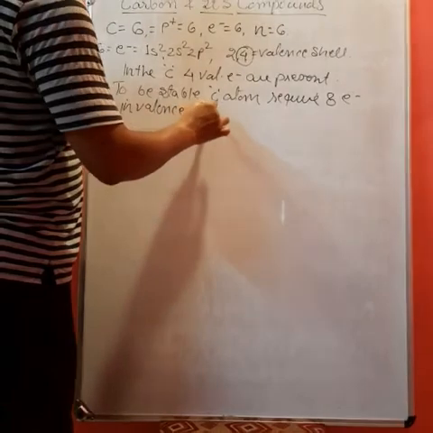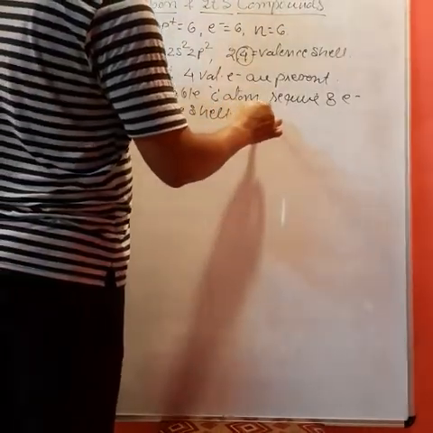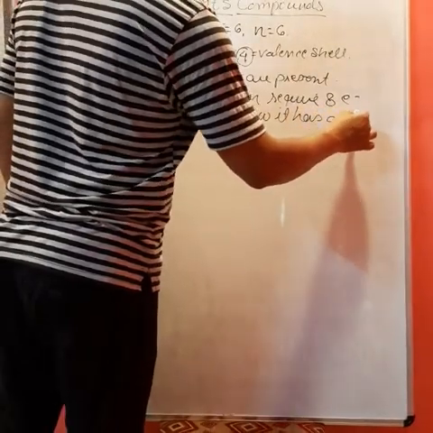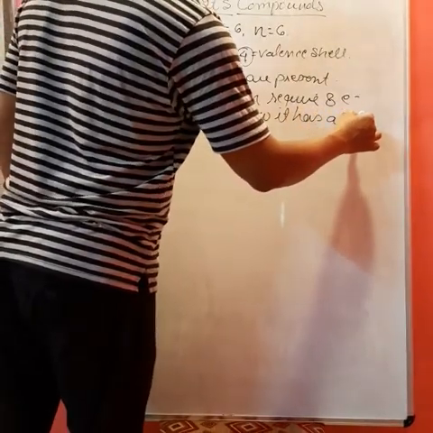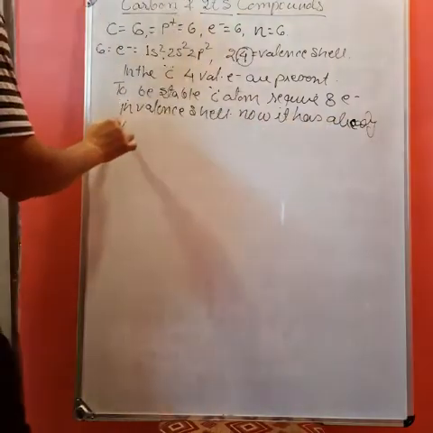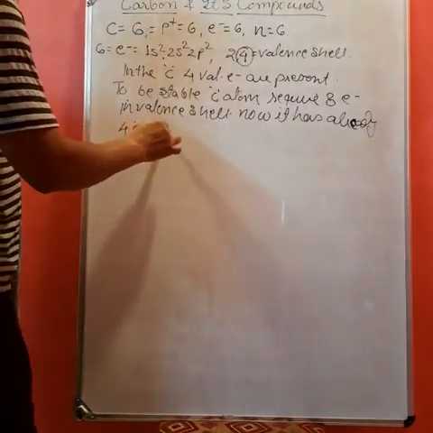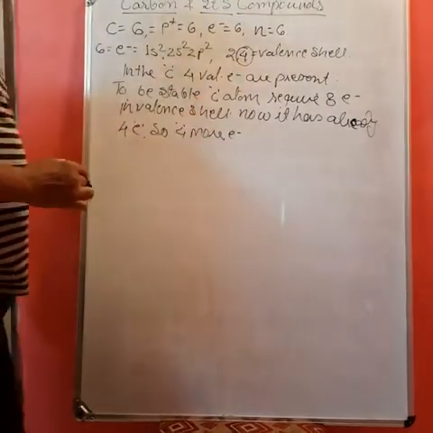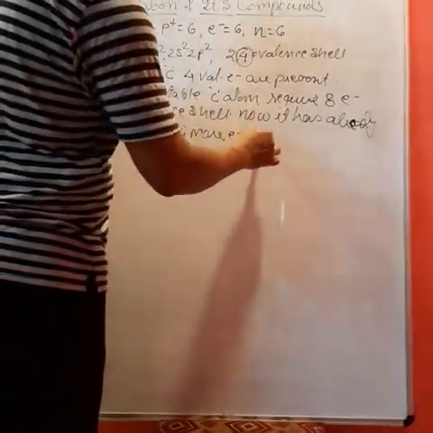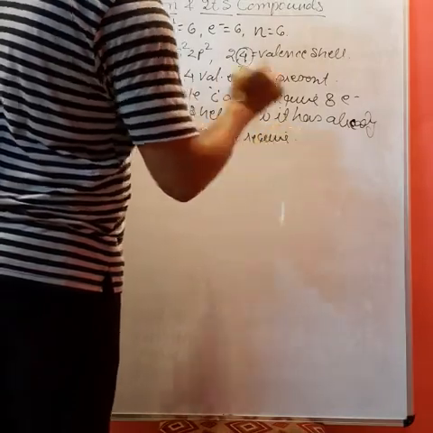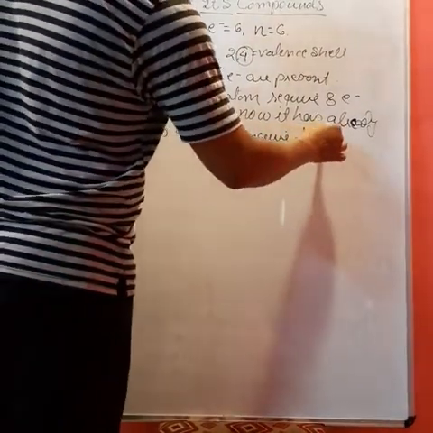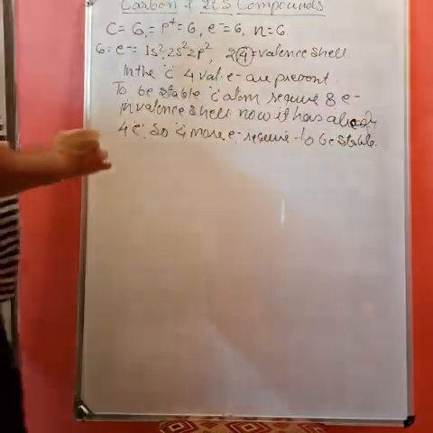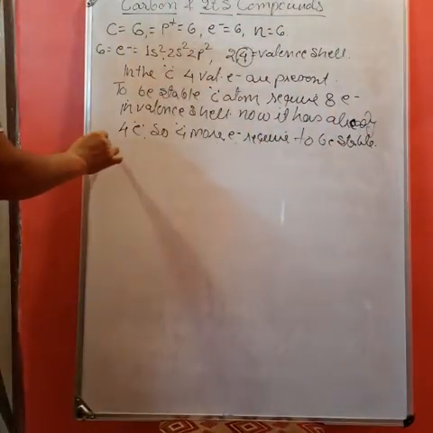Now it already has 4 electrons, so 4 more electrons are required to be stable.